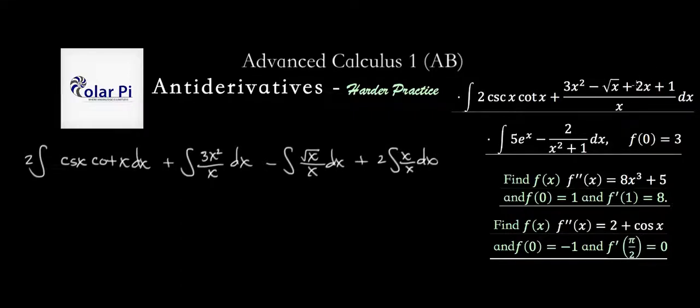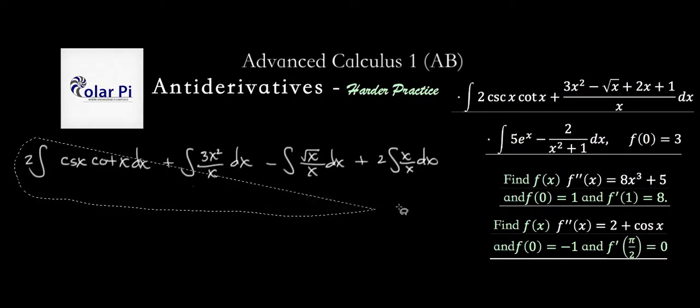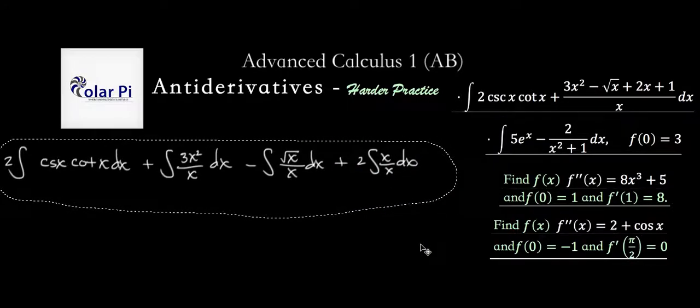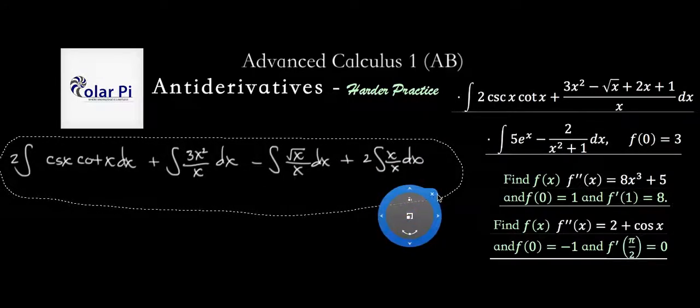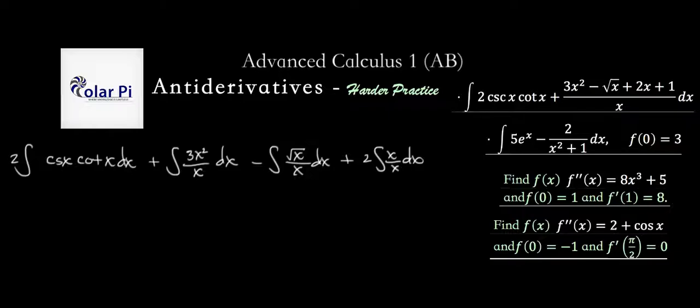And then finally, I thought I had enough space, apparently not. We have to write plus the integral of 1 over x dx, and we know this from our first practice problem in the basic practice video.